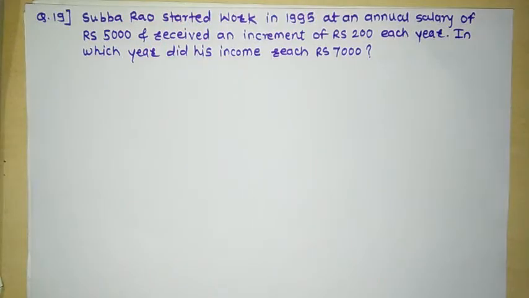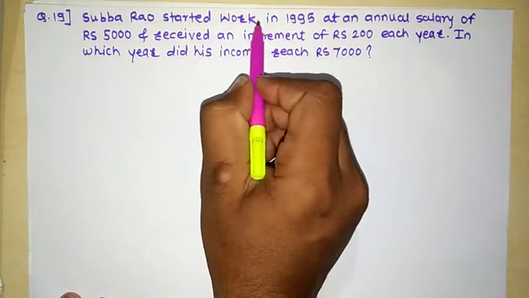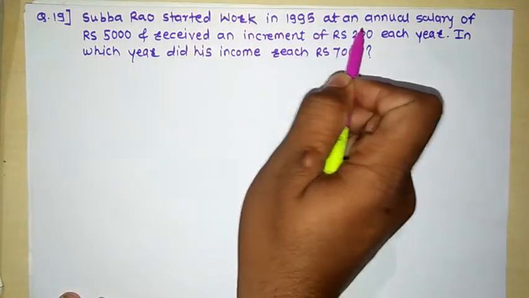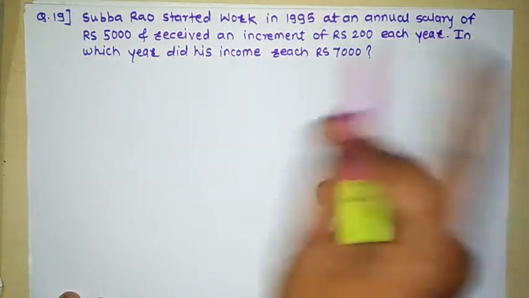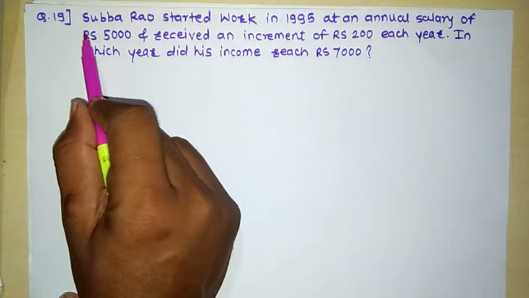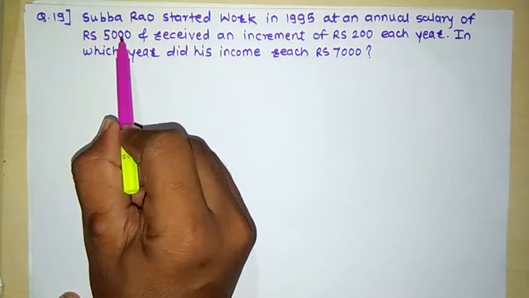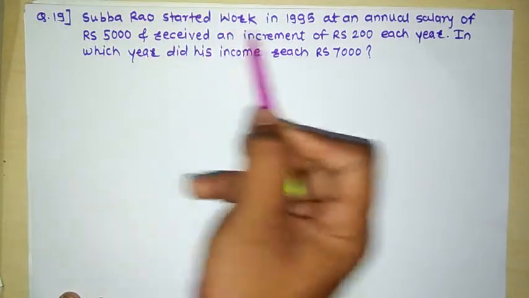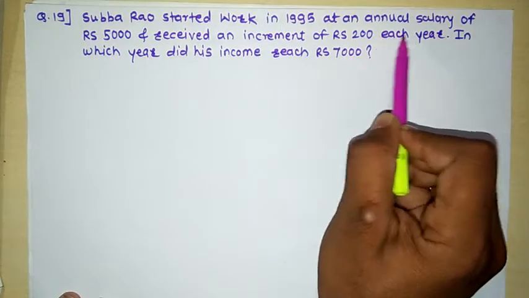Now we will see question number 19. In question number 19, what is given? Check. Subbarao started work in 1995 at an annual salary of rupees 5000, that is, one year's salary, and received an increment of rupees 200 each year.